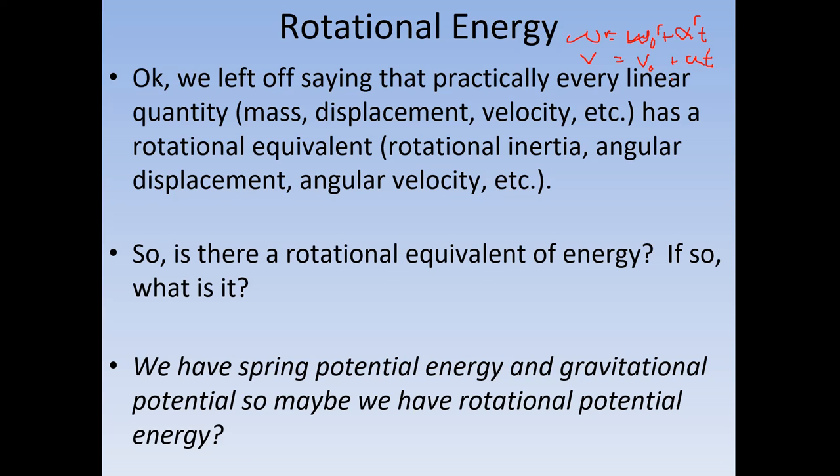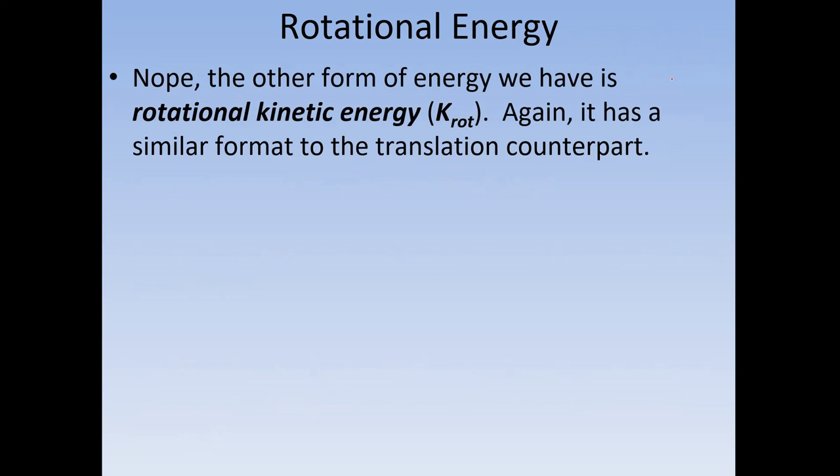But the main type of rotational energy that we're going to talk about is rotational kinetic energy. Kinetic energy is the energy of motion. So for an object that is rotating, it is in motion. So we can talk about its rotational kinetic energy. And we're going to denote this as K rot, or rotational.